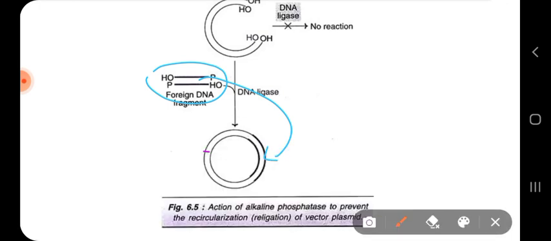Some selectable marker genes are present in the plasmid DNA, which react to produce desirable products, or maybe some antibiotic resistance gene which can survive in antibiotic medium. That will give you confirmation that yes, our DNA has been inserted properly in that vector only. So that's why theoretically it looks easy. It's an easy chapter.